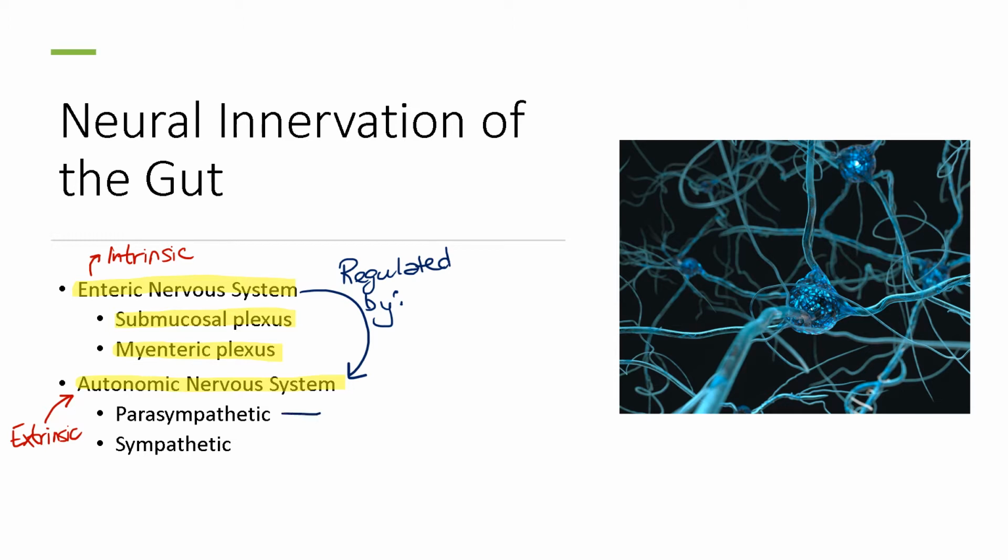Now, the vagus nerve, remember this is the 10th cranial nerve. This is going to supply the parasympathetic fibers to most parts of the GI tract. And in general, the parasympathetic portion is going to increase GI secretion and motility and increase the activity of the ENS neurons.